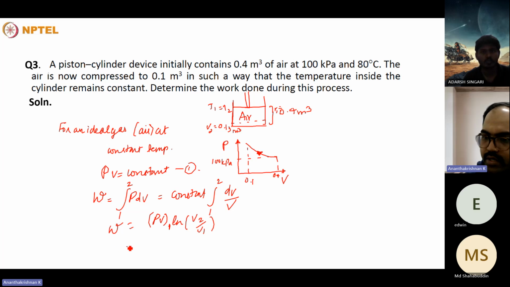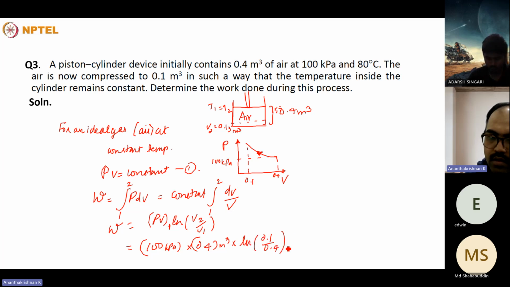So we can denote it as 100 kilopascal into 0.4 meter cube, multiplied by ln of V2 divided by 8. So you'll get the answer as minus 55.5 kilojoule.